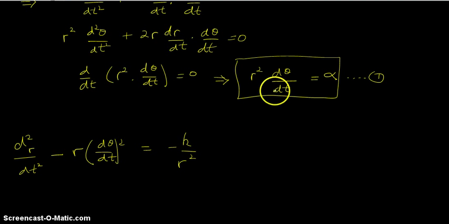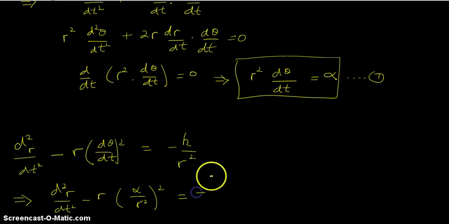And if we use this d theta dt here and replace it with alpha on r squared in there, we get that d2r by dt squared minus r times alpha on r squared squared is minus k on r squared.